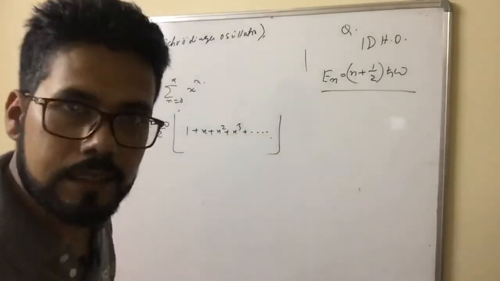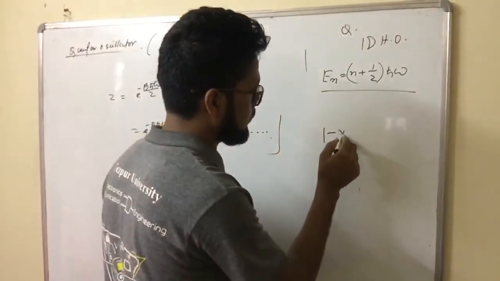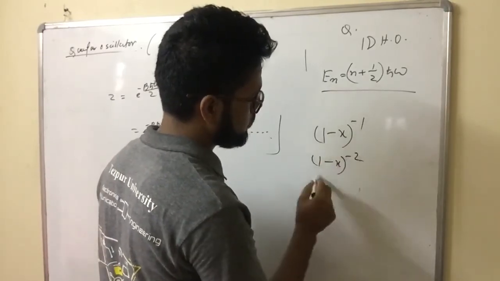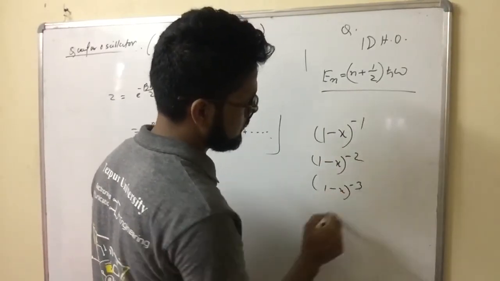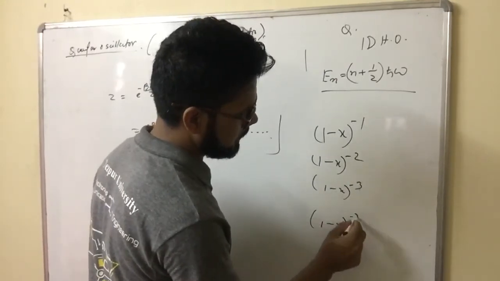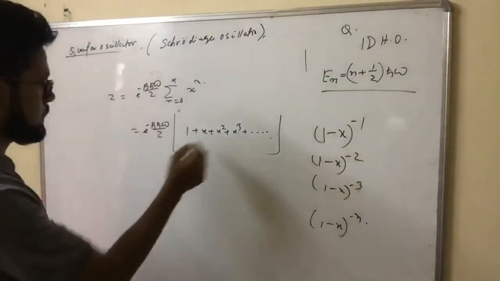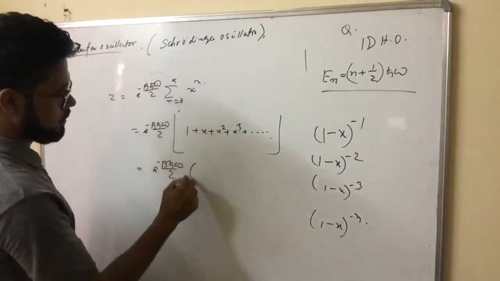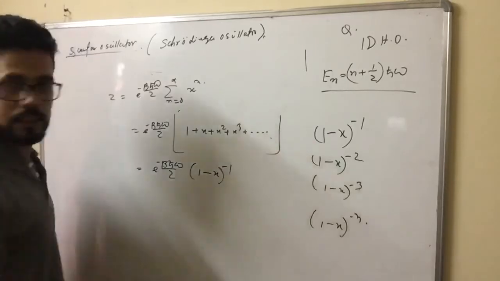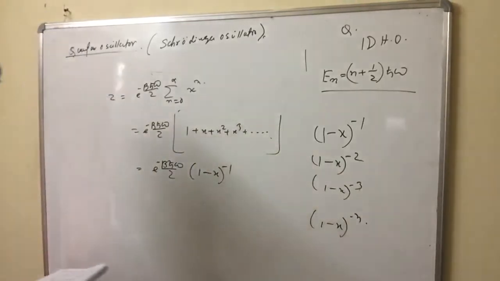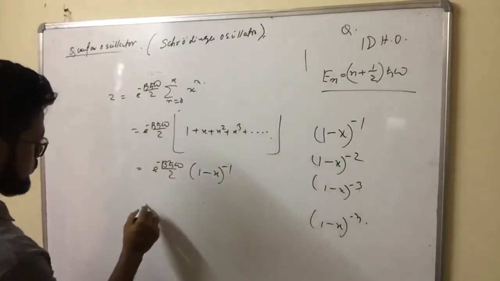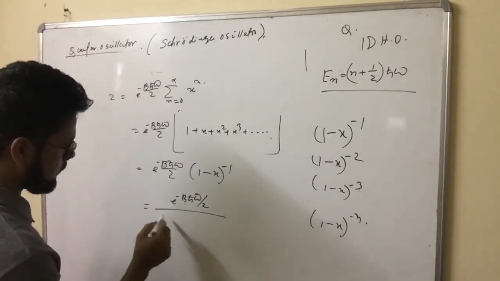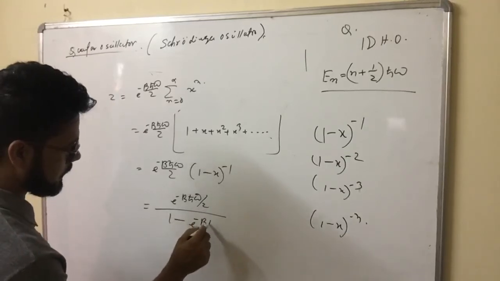And in school you have studied this type of formula: 1 minus x to the power minus 1, 1 minus x to the power minus 2, 1 minus x to the power minus 3, 1 minus x to the power minus n. Do you remember this? This is the binomial theorem. So the sum becomes 1 minus x to the power minus 1. Clear? So you will get e to the power minus beta h cos omega by 2 over 1 minus e to the power minus beta h cos omega.